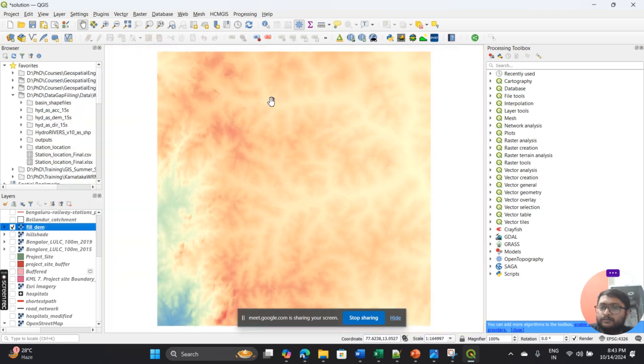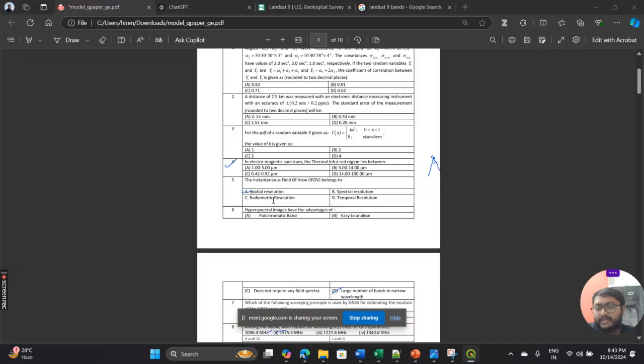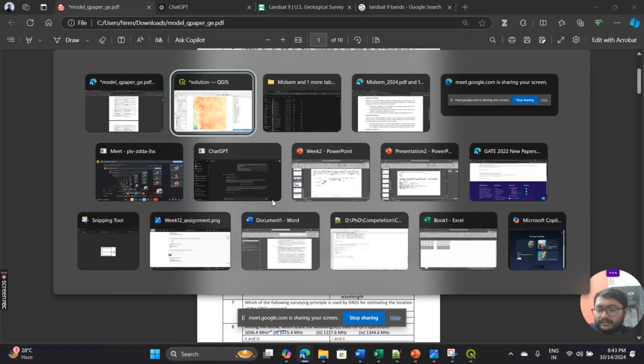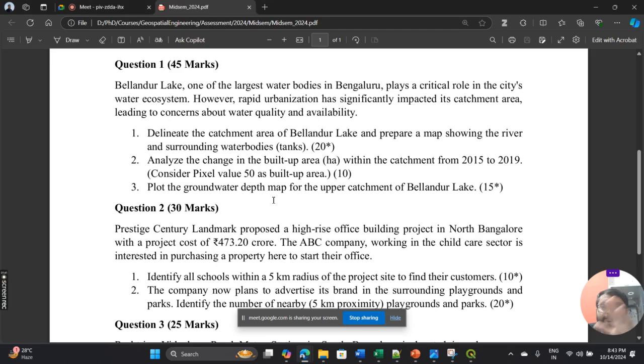We have given this data of Bengaluru first of all, and what they have to do is come up with the catchment area: how much area can contribute water to this particular lake, which is Bellandur Lake.